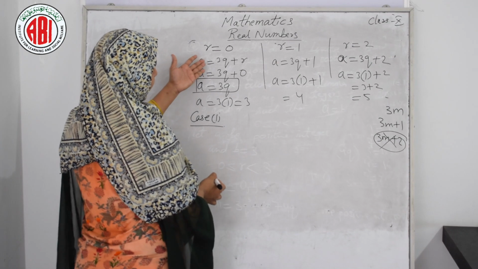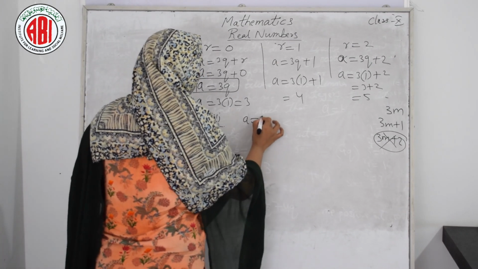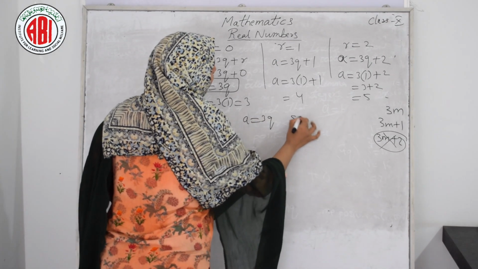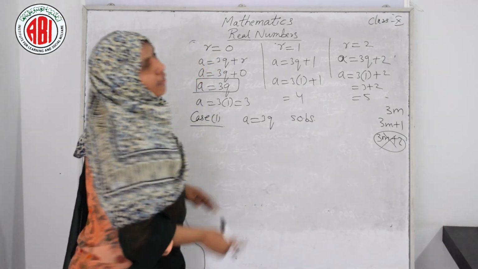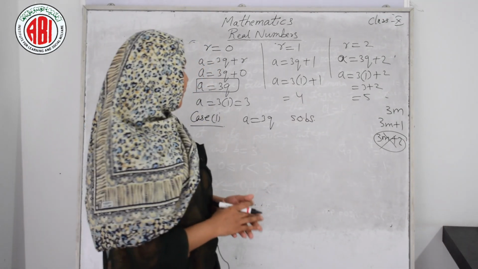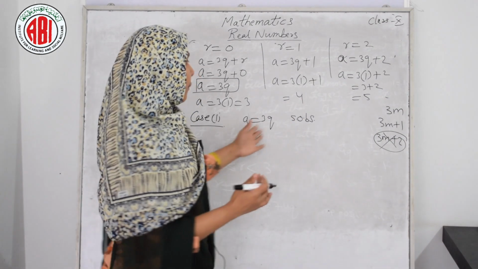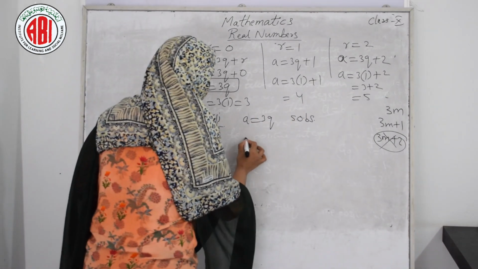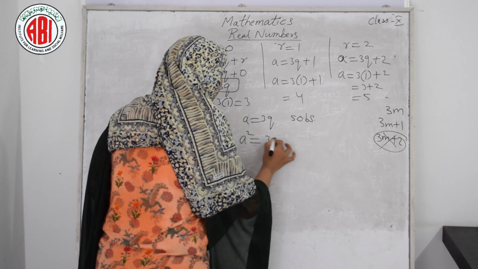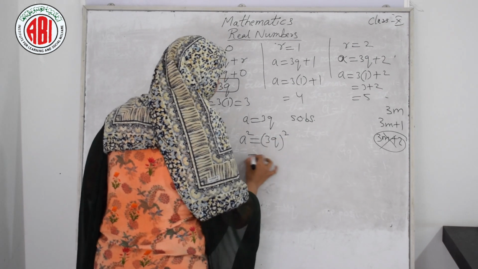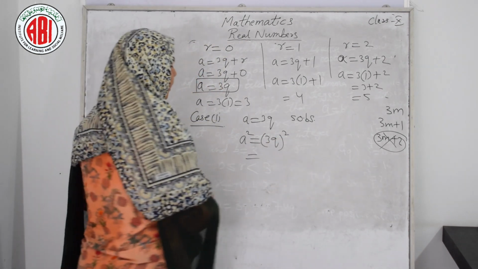First we are taking a is equal to 3q, squaring on both sides. Why? Because we have to prove the question about the square of any positive integer, so we are applying square on both sides. a square is equal to 3q whole square. It should be in this form.